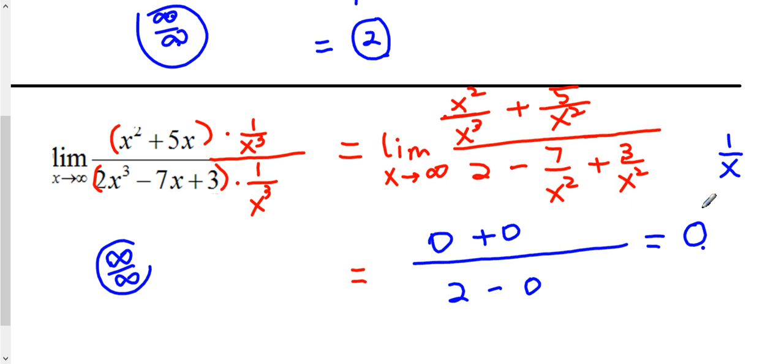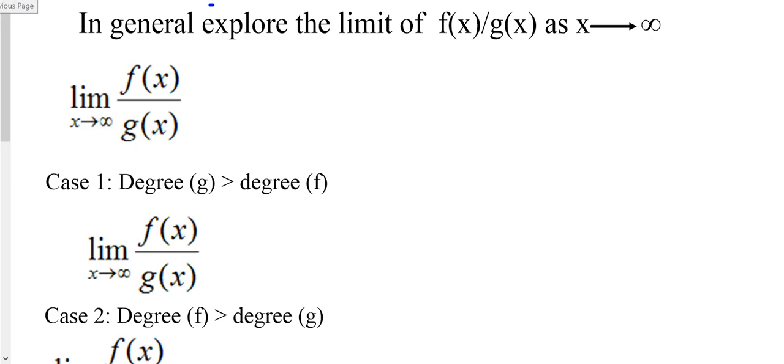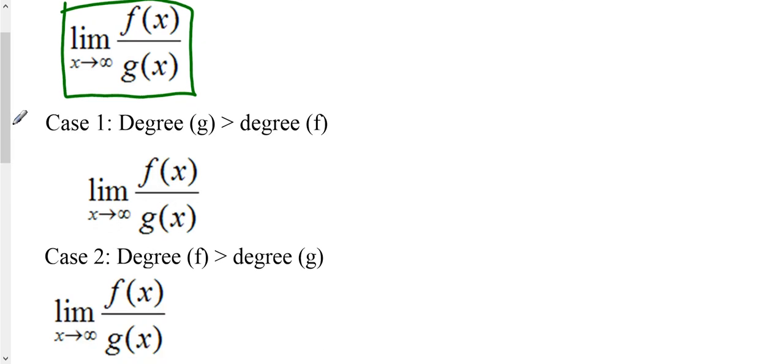But now I'm going to talk a little bit about a shortcut method, even shorter than the one I just did. In general, when you are talking about the limit of f over g, two polynomial functions, as x goes to infinity, compare the degree of the bottom with the degree of the top.